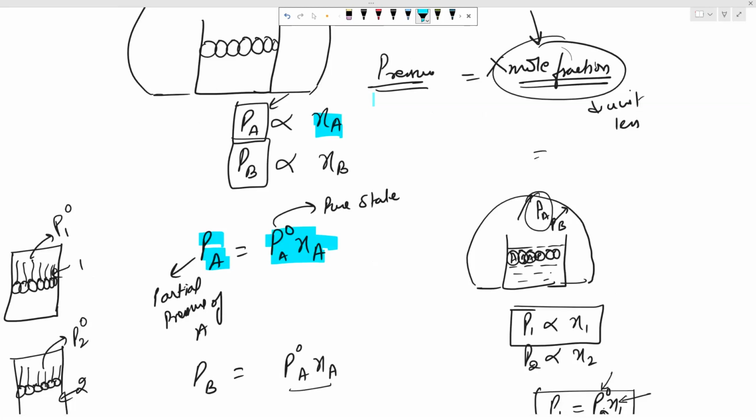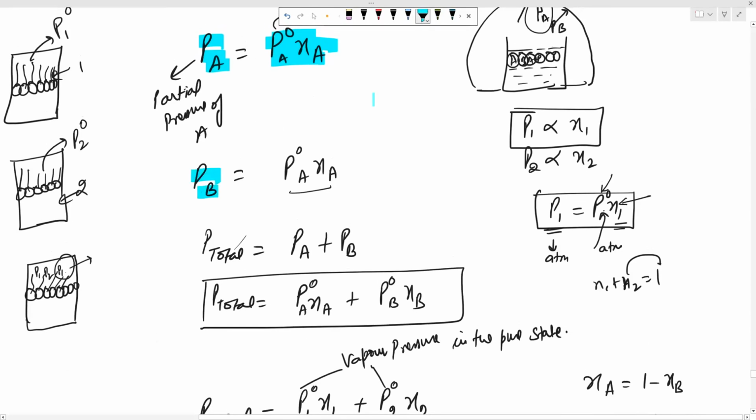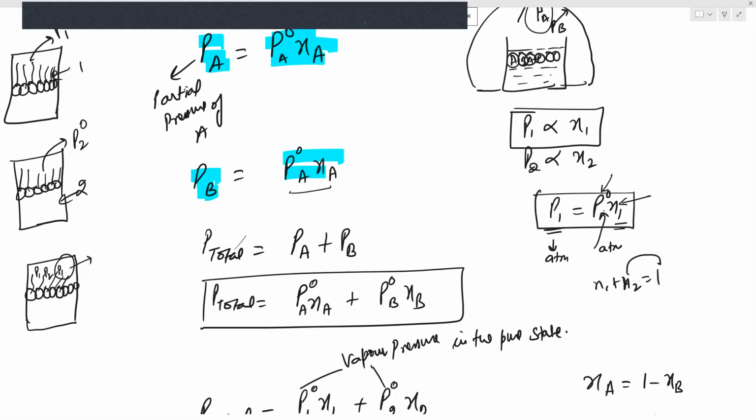PA naught is the pure state pressure and X is the mole fraction. Similarly, for the second substance, PB equals PB naught times XB. When we add both, this value plus this value gives you the total pressure.